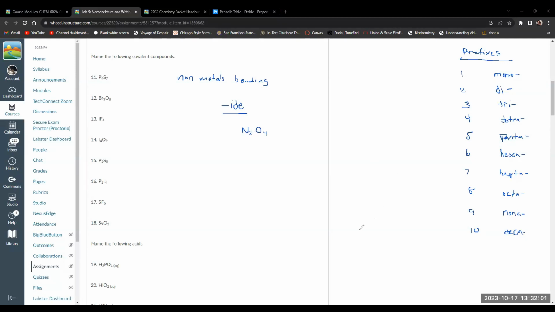N2O4. So again, covalent compound, 2 nonmetals. Prefixes are going to be needed. So this is what? Nitrogen. Then we have oxygen again.